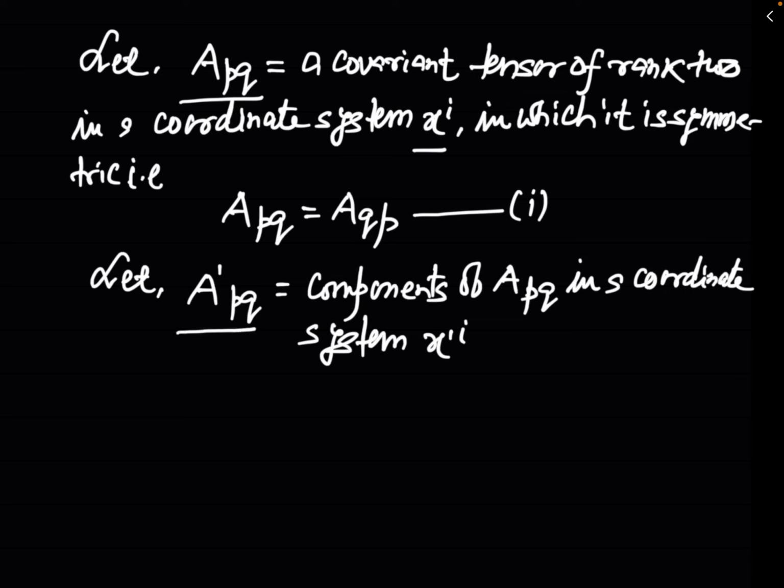So A prime sub PQ, these are components of this tensor Apq in the coordinate system with variables x prime i.